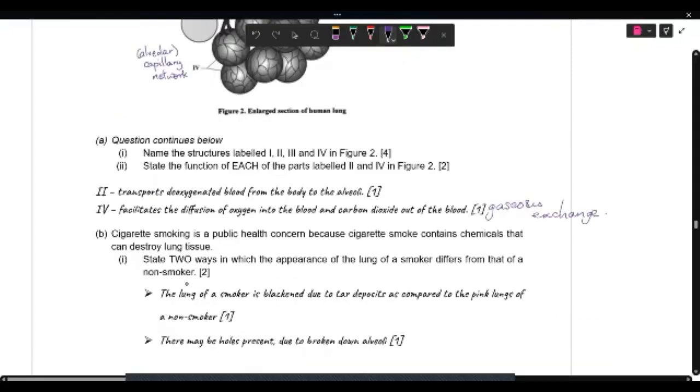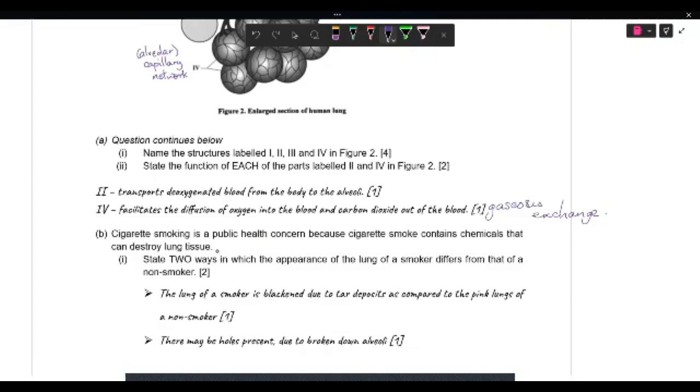Then we have how cigarette smoking and all the chemicals can destroy the lung tissue. And they're now asking us to talk about how the lungs would appear. So notice appearance, not how it feels, not the texture, right? How it looks.